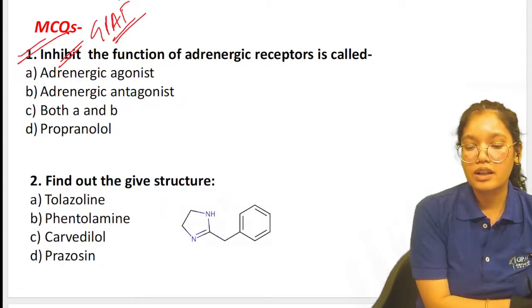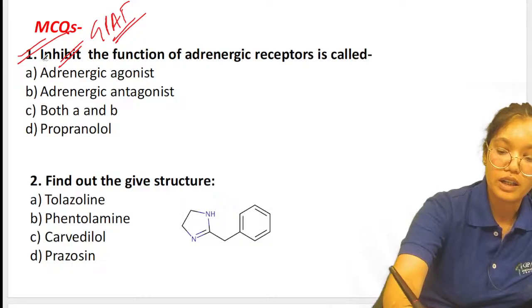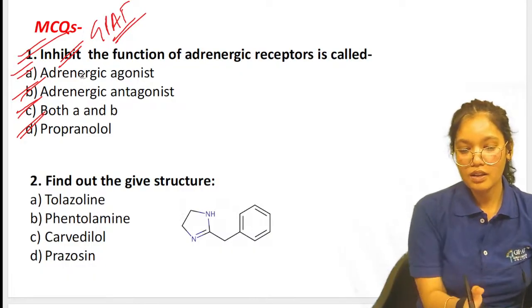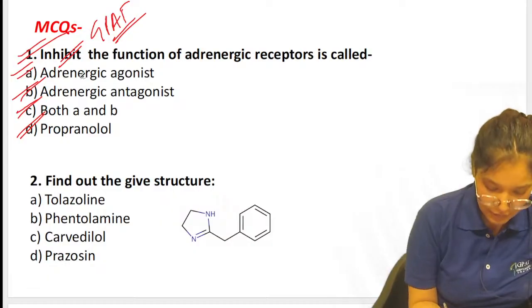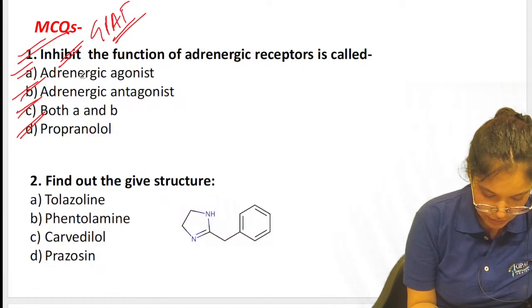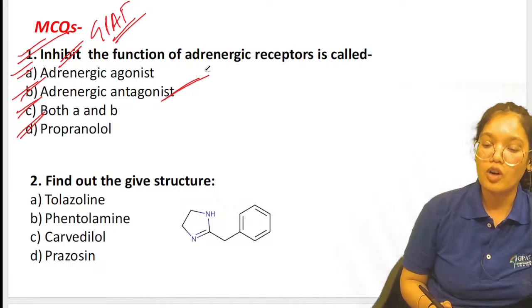So what inhibits the function of the adrenergic receptor? What is it called? The adrenergic agonist, the adrenergic antagonist, both A and B, or propranolol? Come on, answer, I am waiting. Yes, Kurman. Yes, Anjali, you are also right. It is the B option, that is adrenergic antagonist.